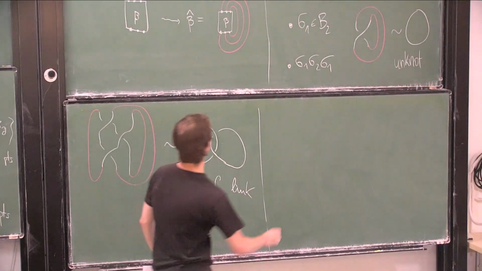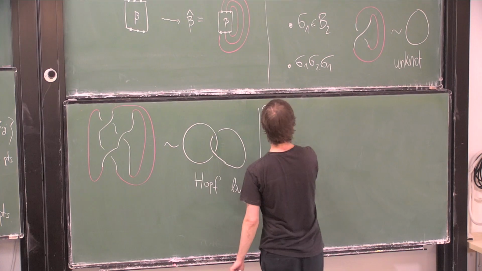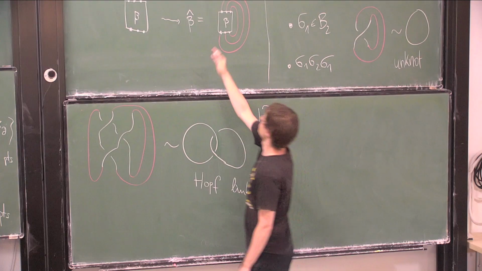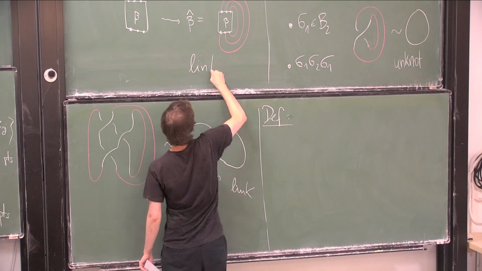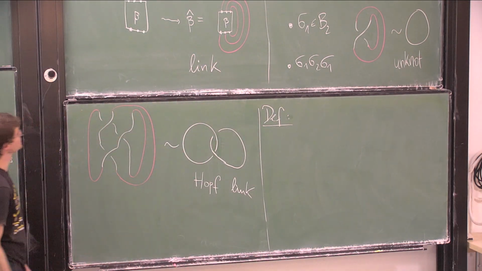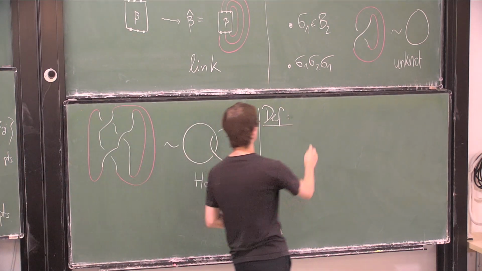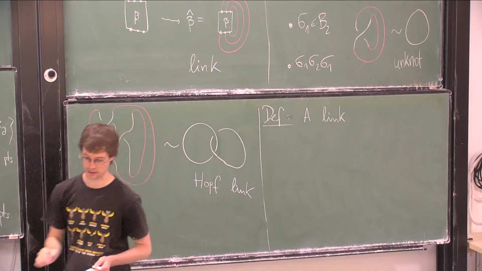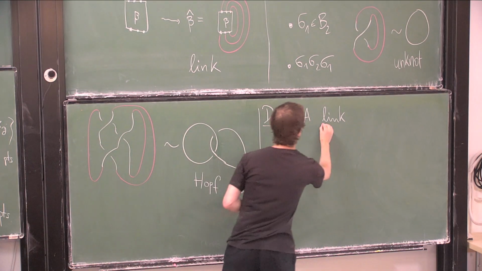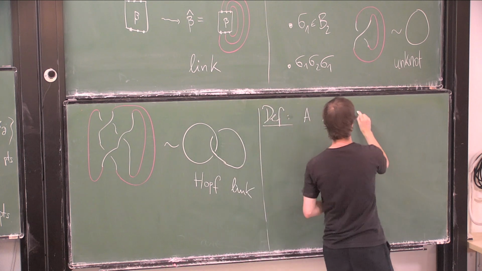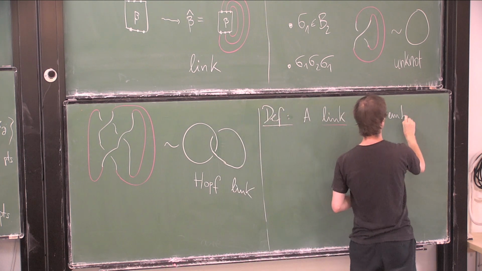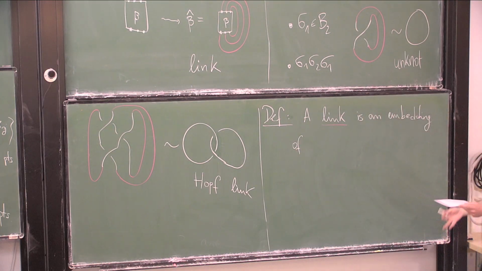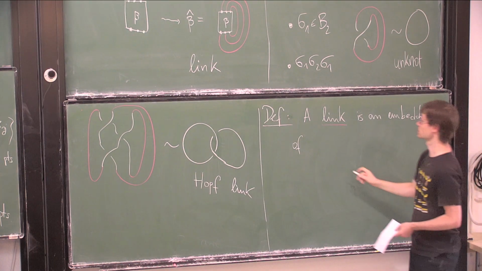Okay, so let's give a definition. What are these objects? The object is called a link. A link is the following. A link is a union of n copies of the circle.